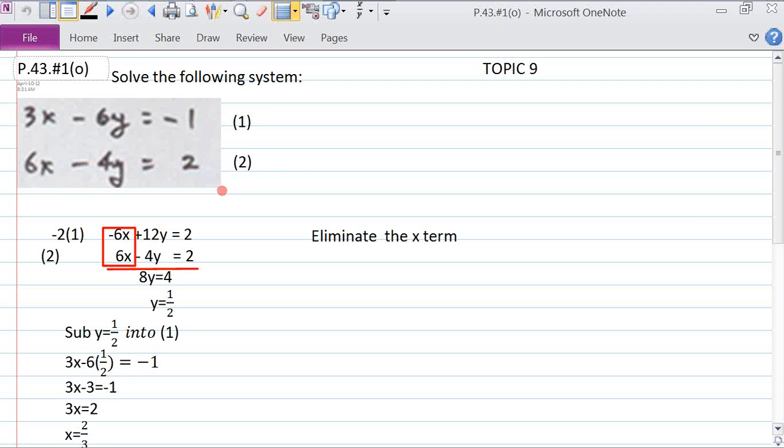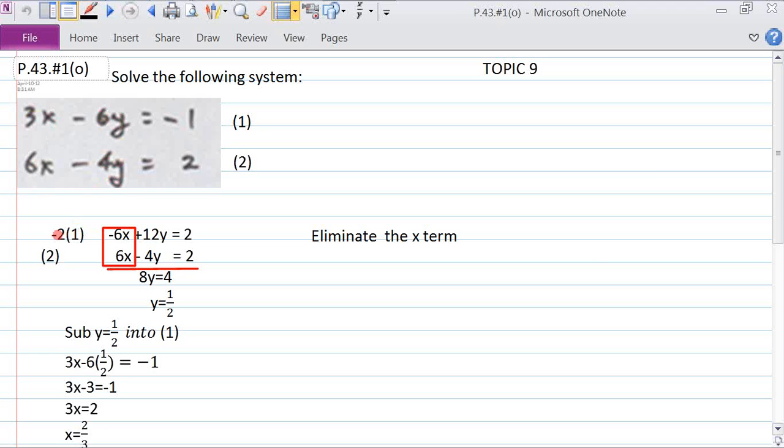Again, we're going to do this by elimination. We're going to eliminate one of the terms. It doesn't matter which term we eliminate. It doesn't have to be the x, it can be the y. But again, here I only have to change the 3 into the 6 and make it the opposite sign. And that's easier than working with the y terms.